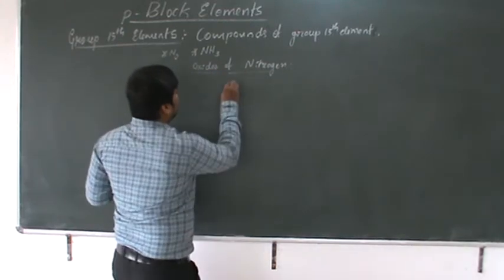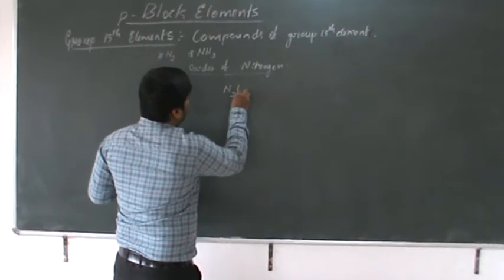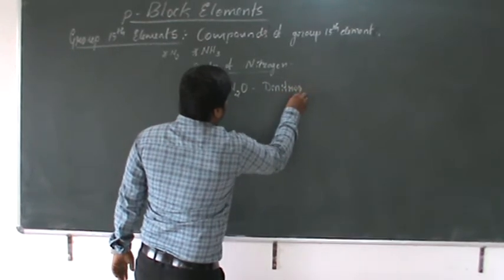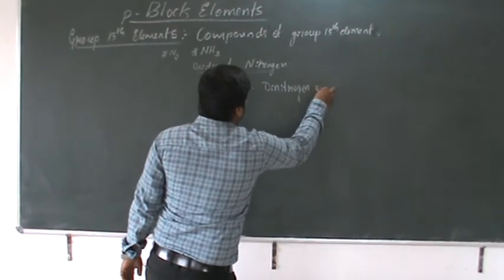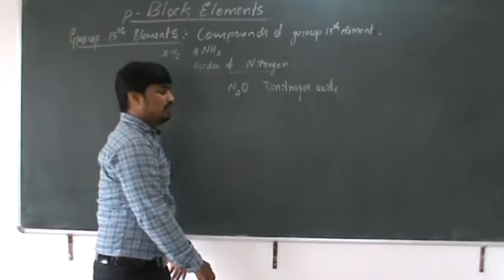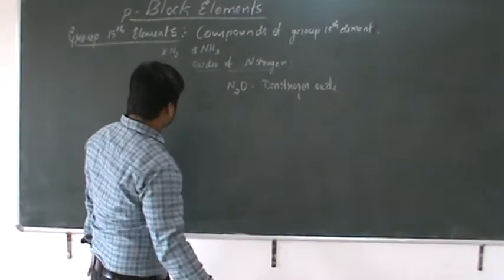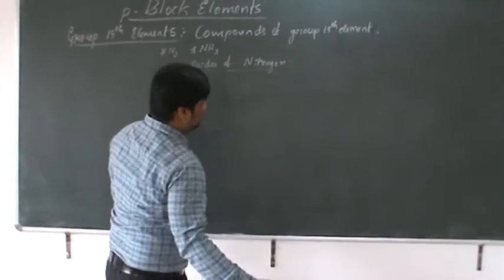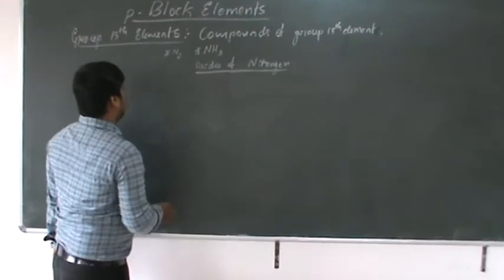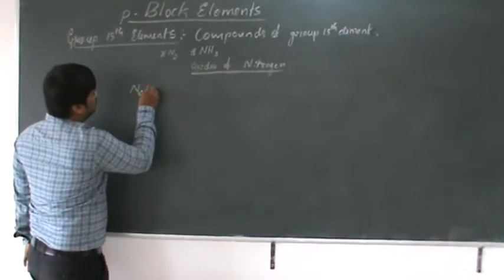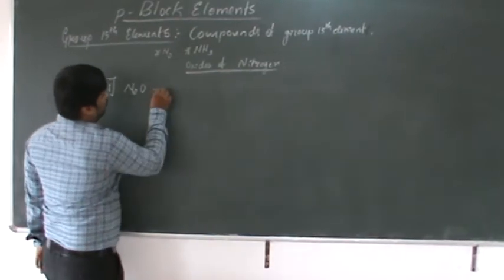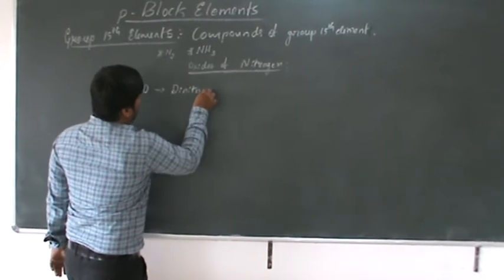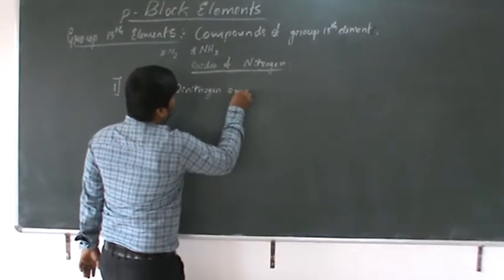The first oxide of nitrogen is N2O. It is called dinitrogen oxide. Better to put it here. Oxides of nitrogen. First one is N2O, the name is dinitrogen oxide.